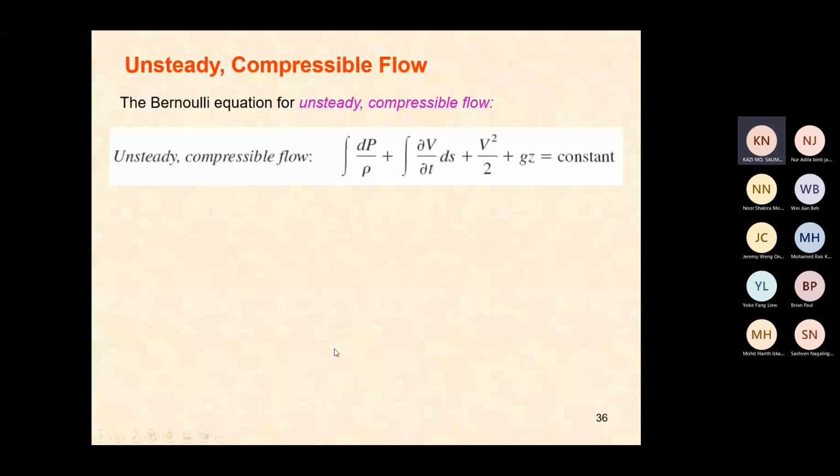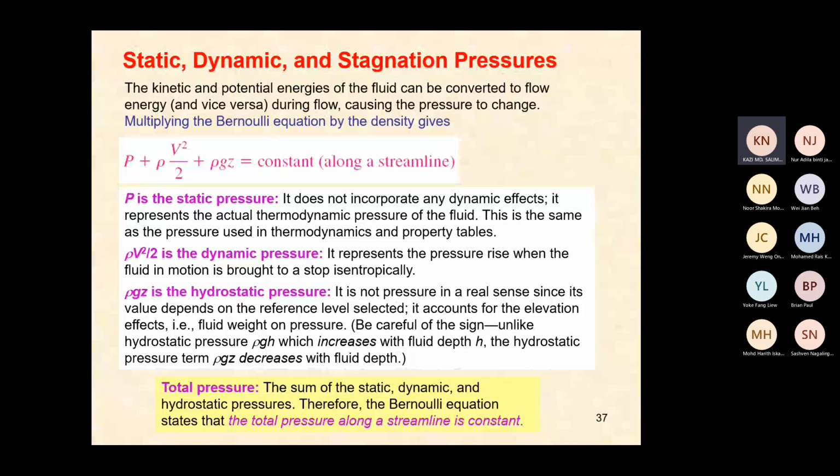And rho gZ we can consider separately. So when the flowing fluid is suddenly stopped due to some flow barrier or flow passage barrier, that is indicated by the dynamic pressure, and it represents the pressure rise when the fluid in motion is brought to stop isentropically.